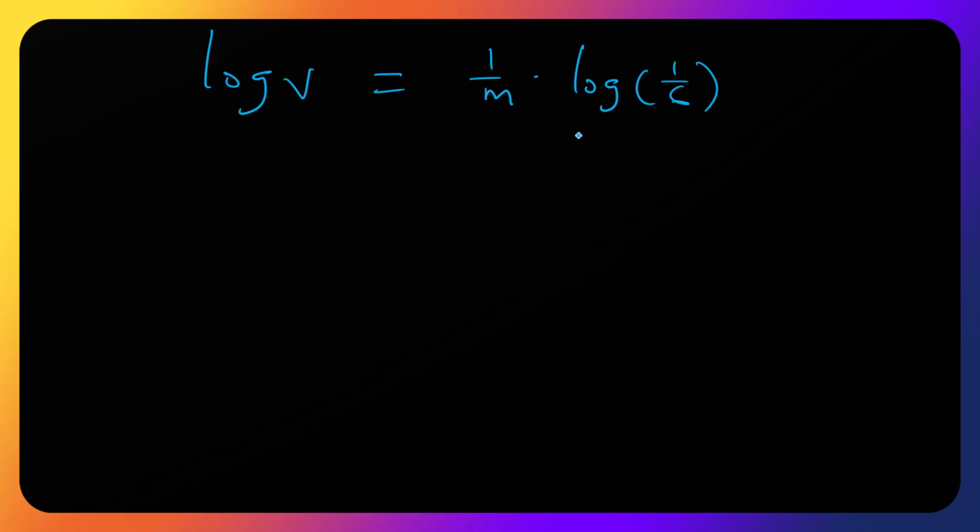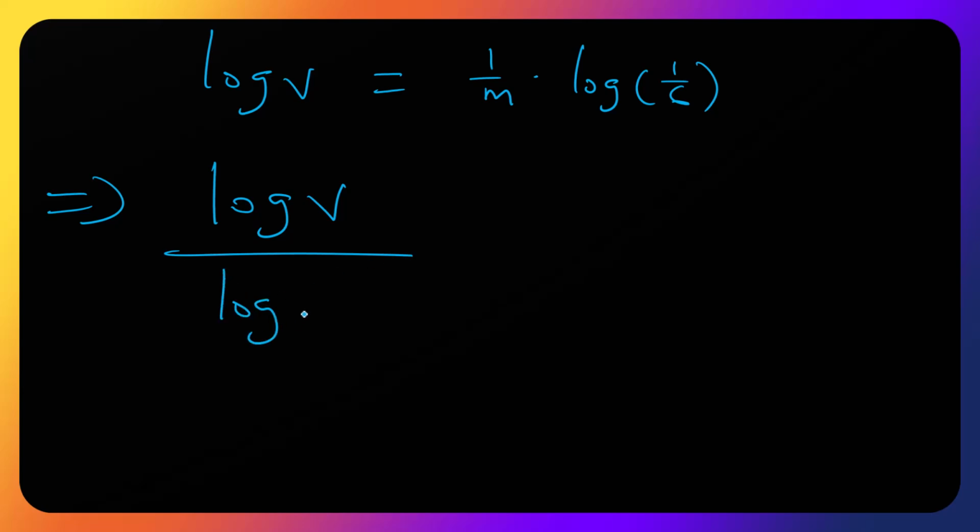Now we are after m. So we can divide both sides by this. So we have log v on log 6 equals 1 on m.